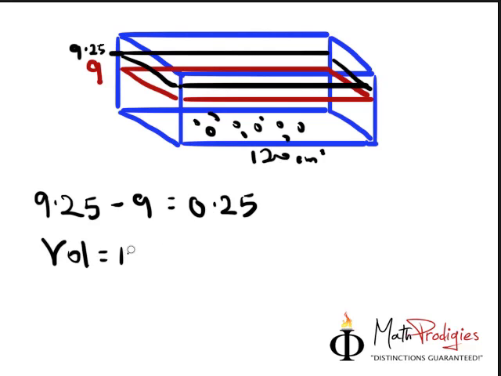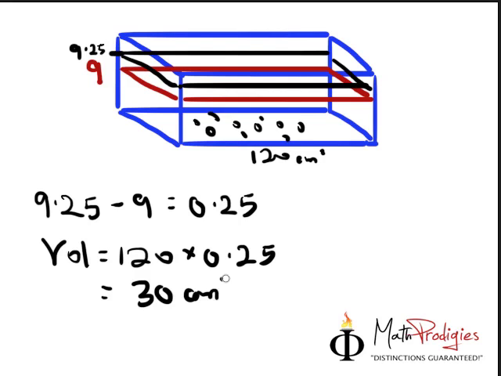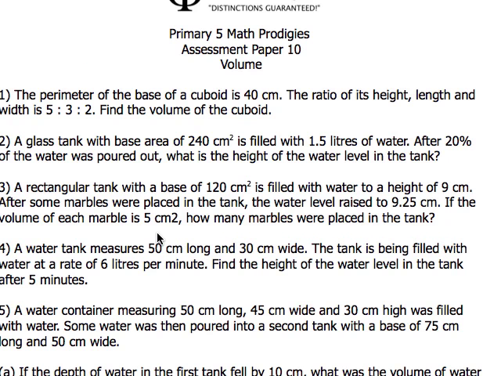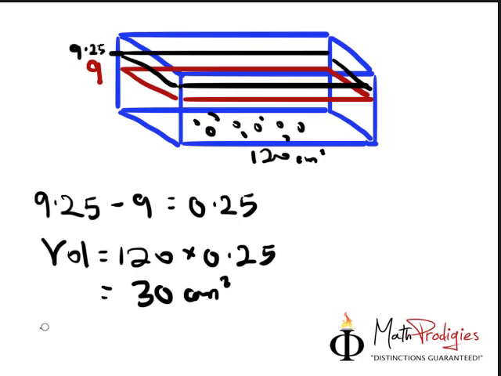So 120 multiplied by 0.25, that means 1/4 of 120, which gives me 30 cm cubed. They said each marble was 5 cm cubed. So how many marbles were placed in the tank? Very simple. 30 divided by 5 gives you 6 marbles.